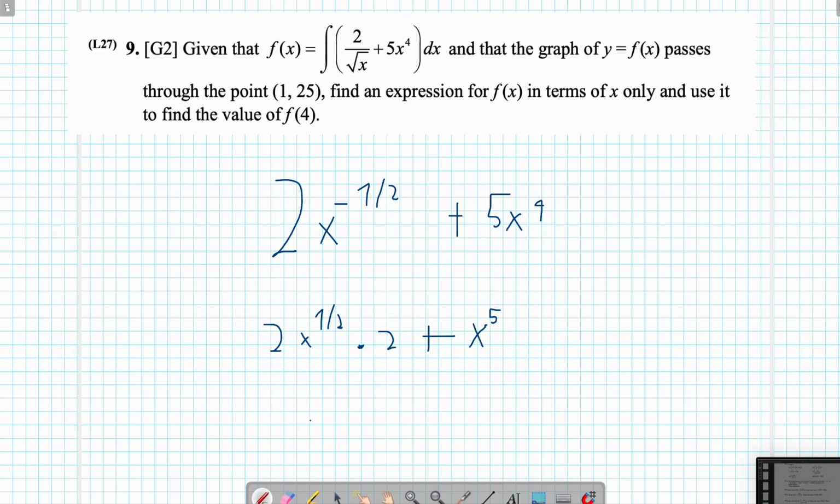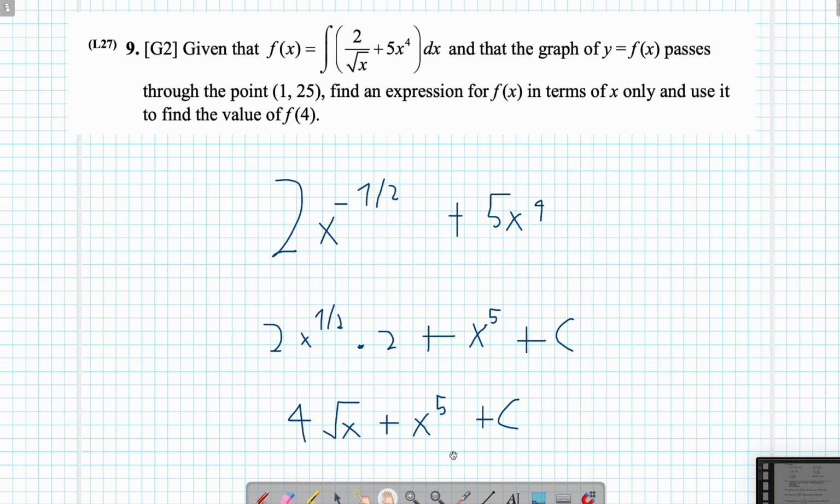And then that means we have 4 radical x plus x to the 5. Now here, plus c, don't forget plus c. It's really important because we will need it now.